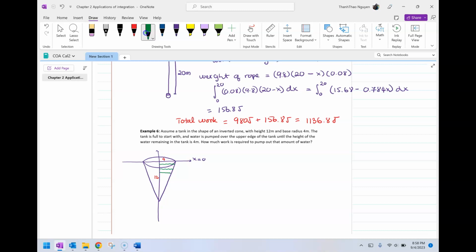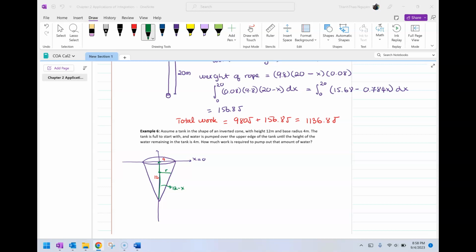So this distance of water that's been taken out is x, and the height of the water left becomes 12 minus x. And the radius of the water left over is R. Let's set up our similar triangle proportion.